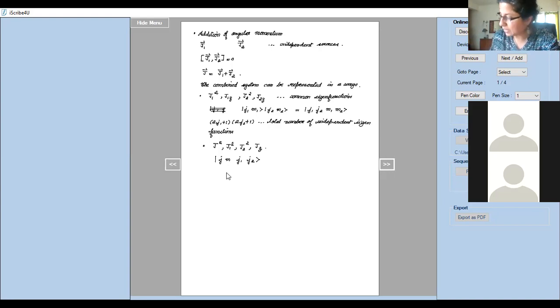Essentially you can write down the common eigenfunction like I've shown over here. And again, of course, you will have 2J1 plus 1 into 2J2 plus 1 linearly independent eigenfunctions.